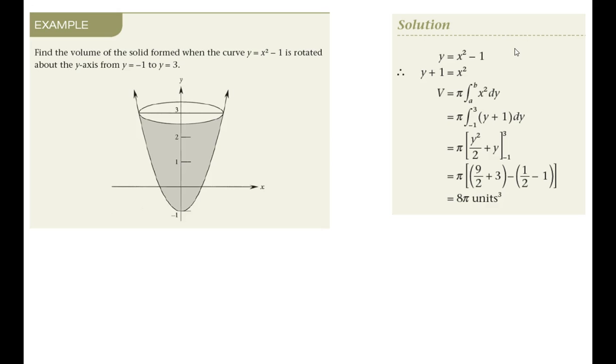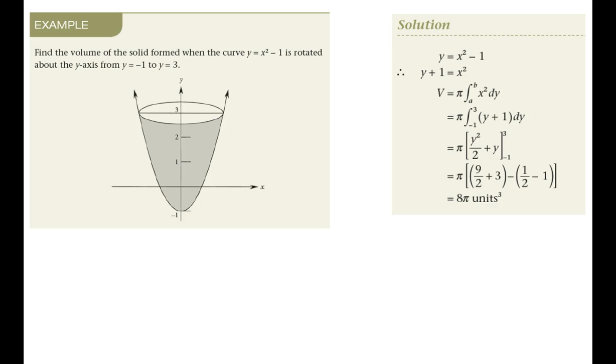So we have our y equals x squared minus 1. Now we want x squared, so we need to get rid of that minus 1, so we add it to the other side. So you have x squared equals y plus 1. Then all we have to do is plug the y plus 1 into our formula. So you end up with volume equals pi times the integral from minus 1 to 3 of (y plus 1) dy.